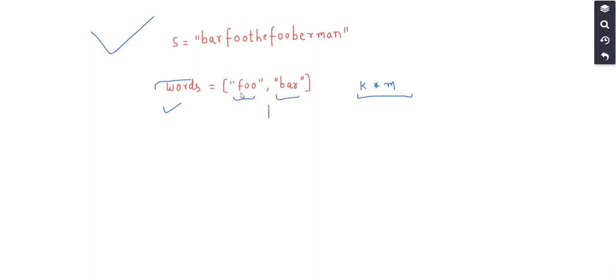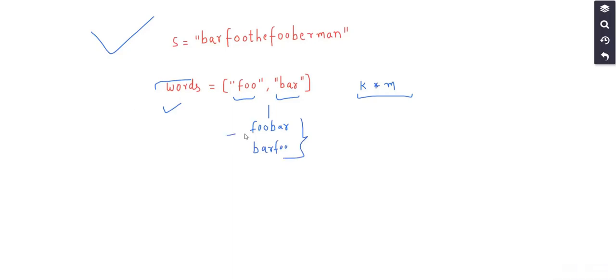So in this case we can have only two permutations because we have only two words. The first permutation is this and the second permutation is this. So these are the permutations that we can have in this words array.